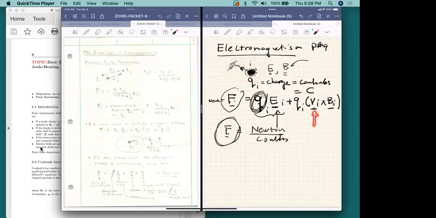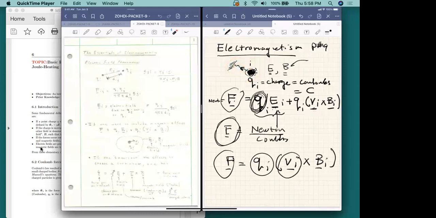He took the charge of the piece of material and made it move around while also inducing a magnetic field by putting a magnet nearby. What he found was that the force was proportional to the charge the material had, and to how fast it was moving, with a cross product with B. That produces pretty weird effects.